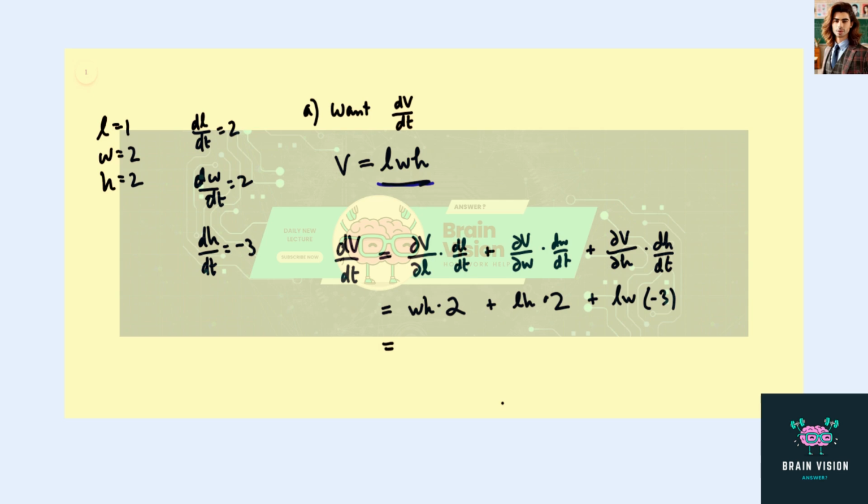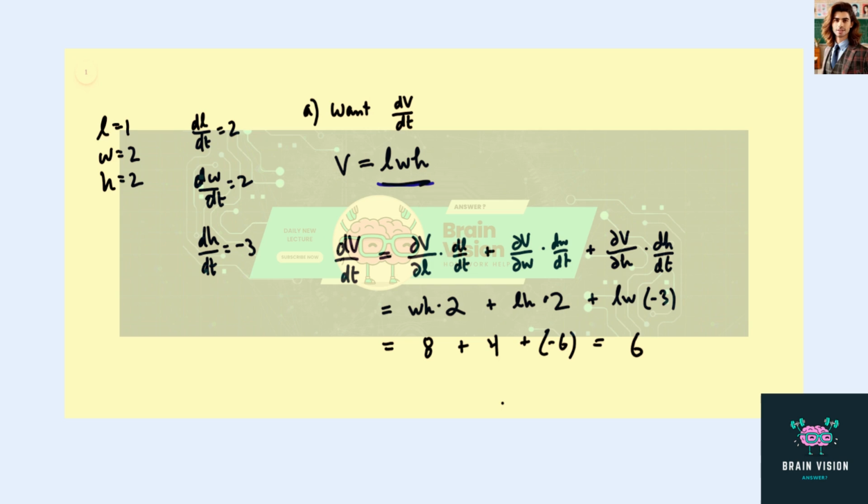So W and H are both 2. 2 times 2 times 2 is 8. L and H, 1 times 2 is 2, times 2 is 4. L times W, 1 times 2 is 2, times negative 3 is negative 6. 8 plus 4 is 12, minus 6 is 6.